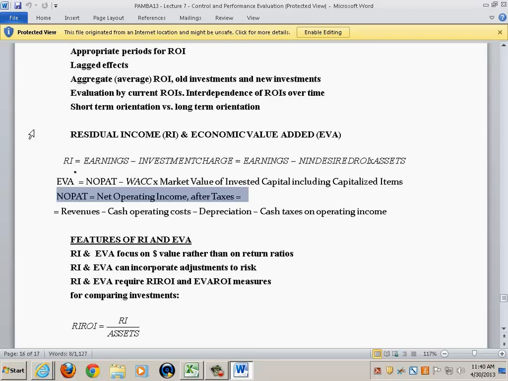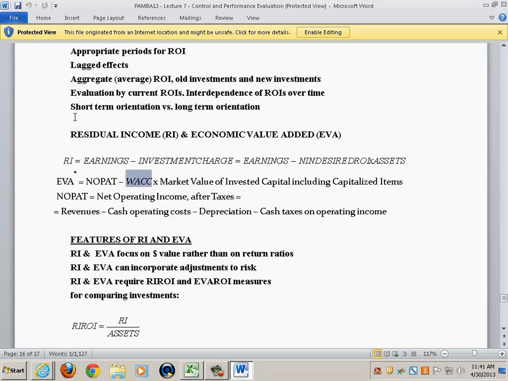And you subtract from the NOPAT a charge on minimally required return, which in the economic value added format, instead of minimally required rate of return, they usually use WACC, the weighted average cost of capital, which is the same animal that you know from corporate finance, weighted average cost of capital being the weighted cost of debt and equity.